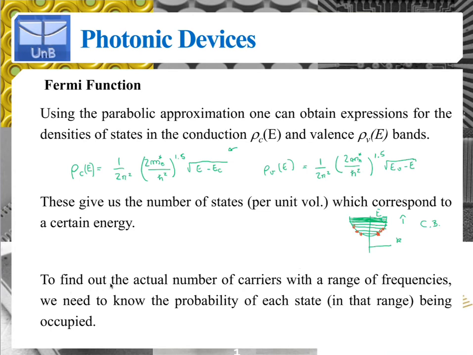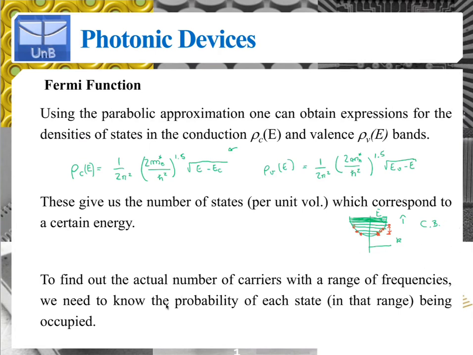So to find the actual number of carriers within a range of energies, let's say we want to know the number of electrons from a given initial energy to a final energy, we need to know the probability that these states will be occupied by electrons or not. They can be either empty or occupied, and we need to know this to estimate the number of electrons that are actually within a given energy range in the conduction band.